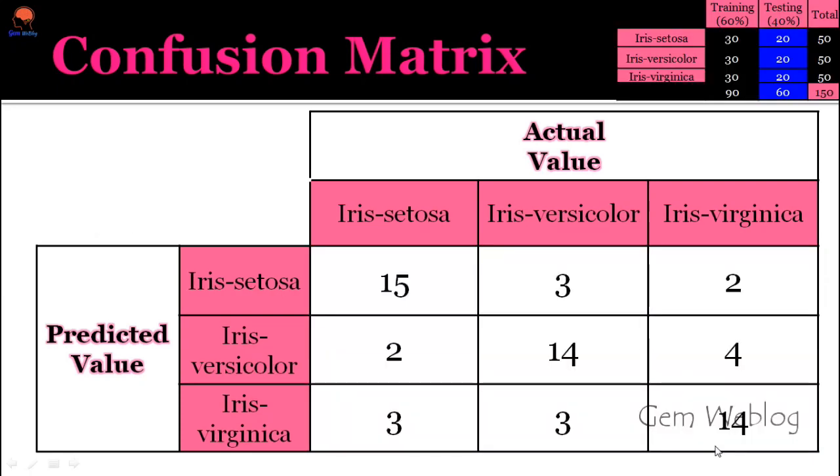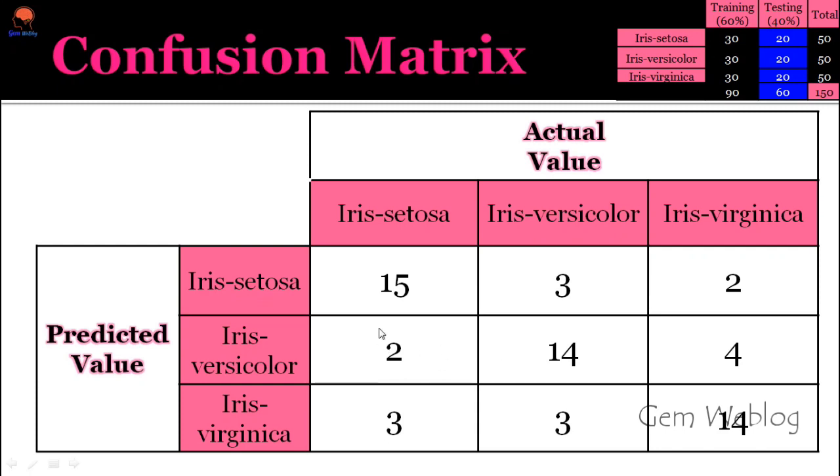For illustration purposes, the confusion matrix is populated with the number of samples. 15 samples of iris setosa are correctly classified as iris setosa, 3 samples of iris versicolor are incorrectly classified as iris setosa, and 2 samples from iris virginica are incorrectly classified as iris setosa.